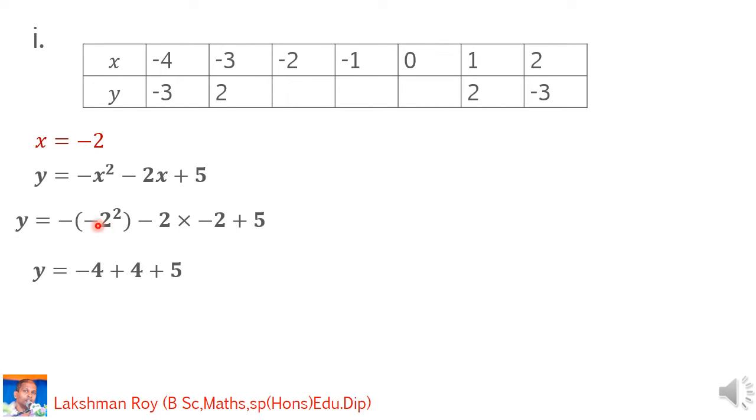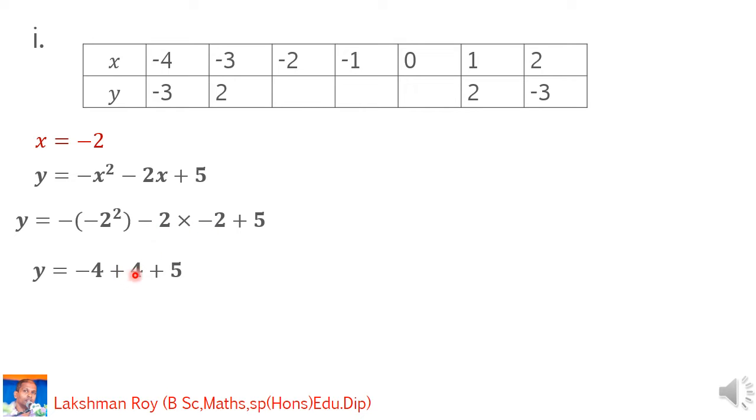What is negative 2 squared? Negative 2 squared means negative 2 into negative 2, that is positive 4. That positive 4 should multiply by the negative sign, so we get negative 4. Then 2x means 2 should multiply by x, that is 2 multiplied by negative 2, and with the minus sign that gives positive 4, then plus 5.